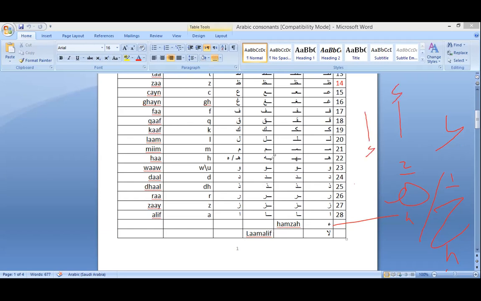You may see it associated with alif, right? When it is here, it shows how this letter is pronounced. That is in terms of vowels. We'll discuss this.